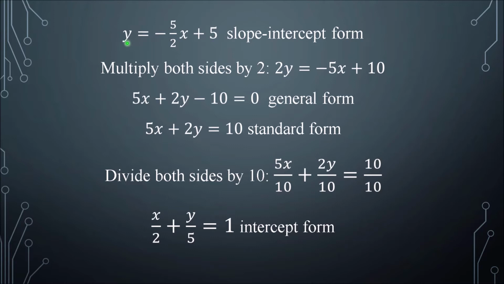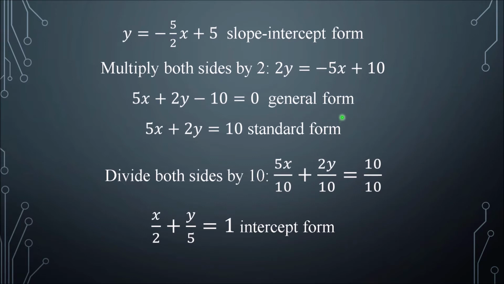So 2 times y is 2y, -5 halves times 2 is -5x, and then 5 times 2 is 10. After that, we need to transfer this -5x to the other side, so it will become 5x plus 2y, and then also transfer 10 to the other side, so it will become minus 10 is equal to 0. And this is the general form.